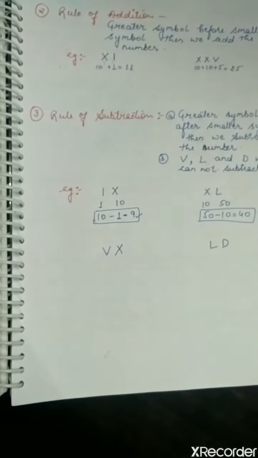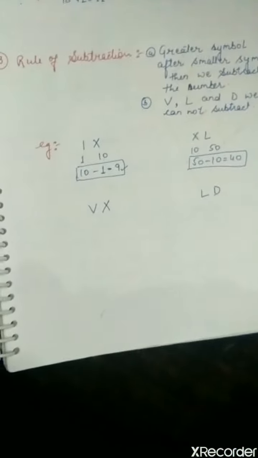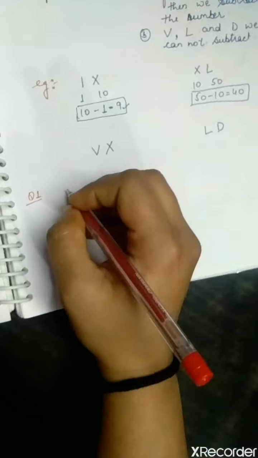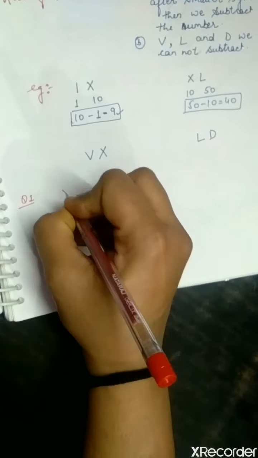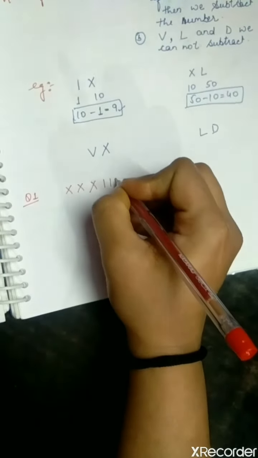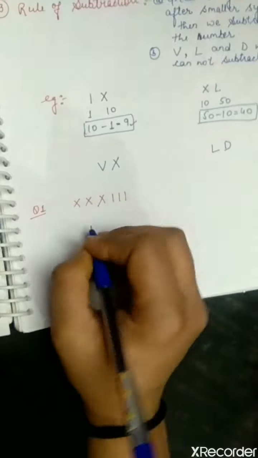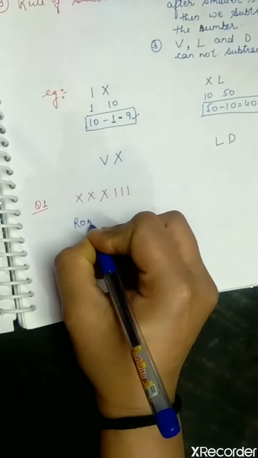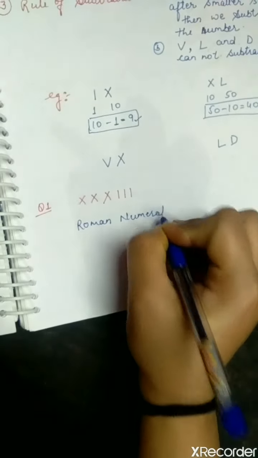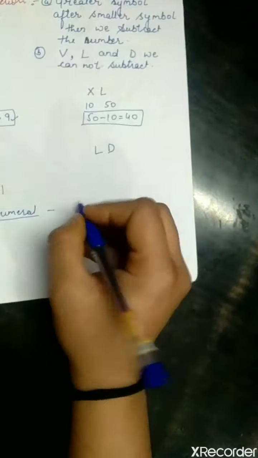Now let's do some questions. The first question is how we will write XXXIII in a Roman numeral. Let's write it down.